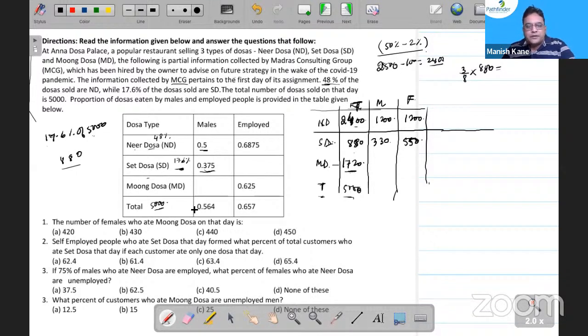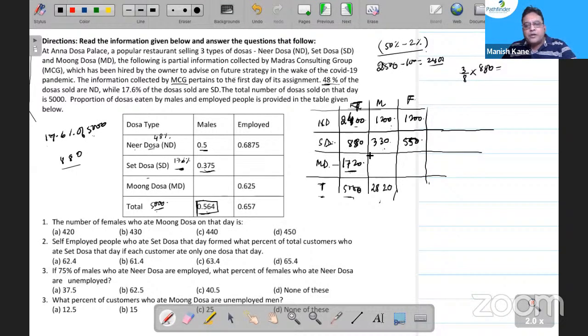To find this, I'll need to use this number, 0.564 of 5000. So what is that? Again, 0 carry over 2, 2 carry over 3, and 2820. So total males who have eaten any kind of dosa are 2820, out of which 1200 and 330, that is 1530, are neer dosa and set dosa eaters.